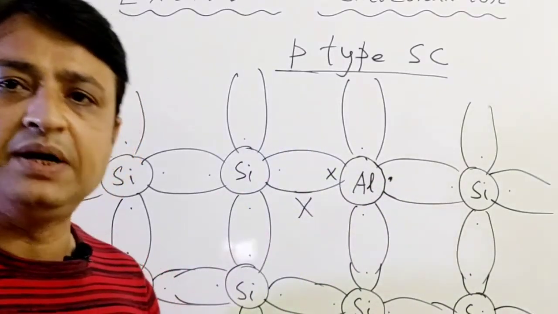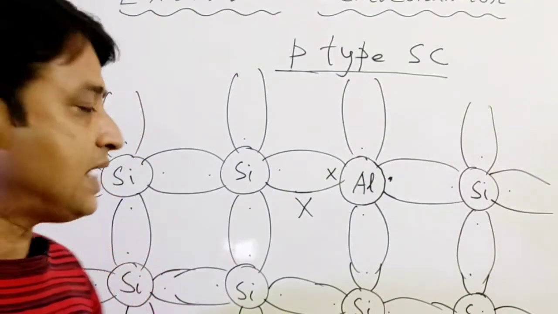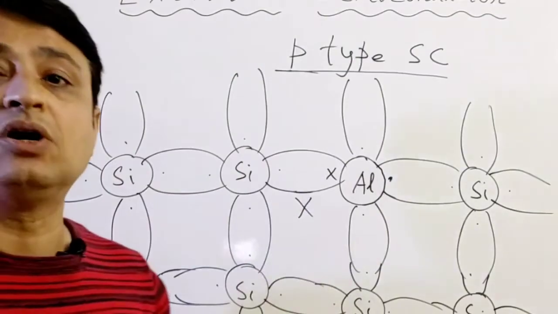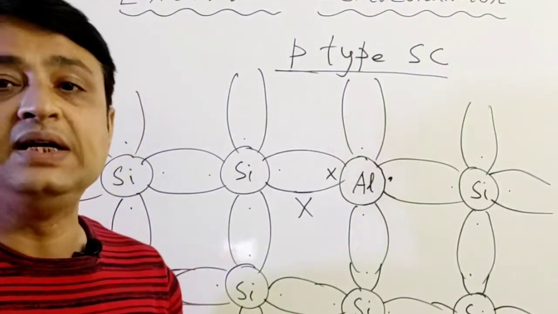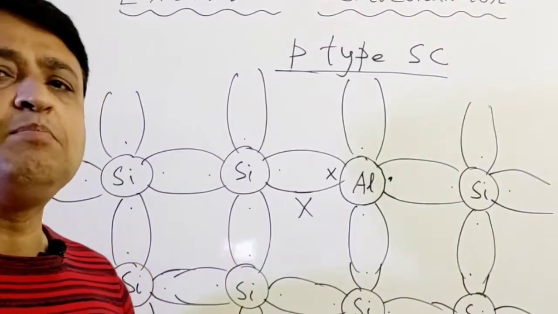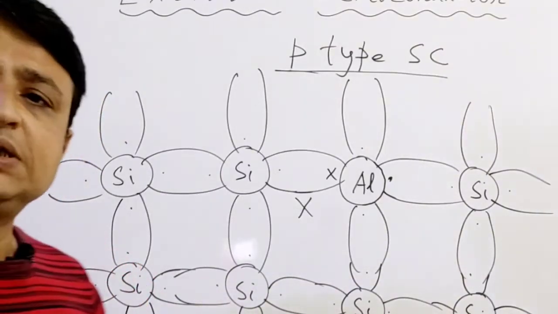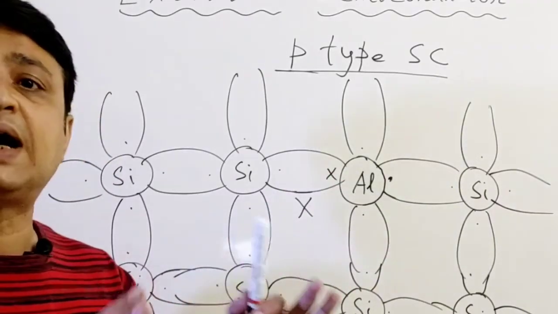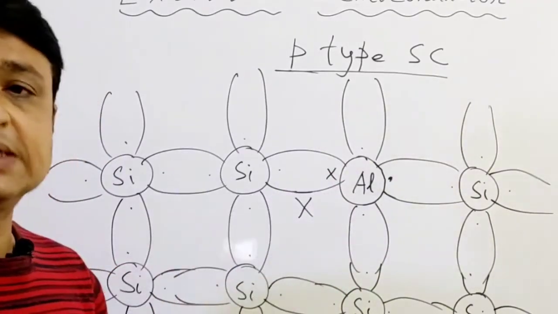an incomplete bond or a weak bond, because here an electron is absent, as the aluminium has only 3 valence electrons. So this absence of an electron can be treated as a positive charge inside this whole silicon structure.